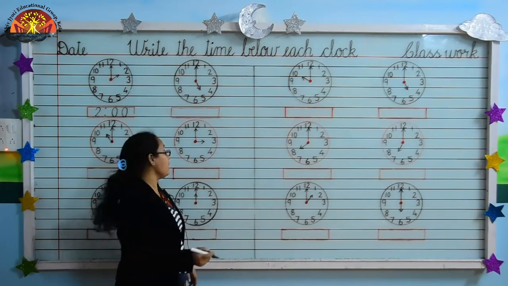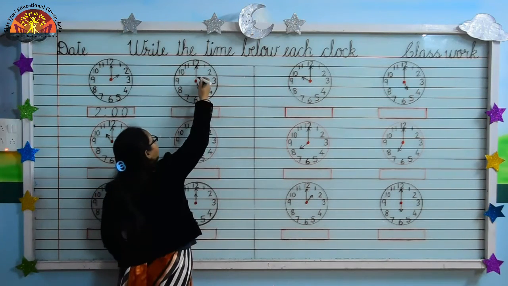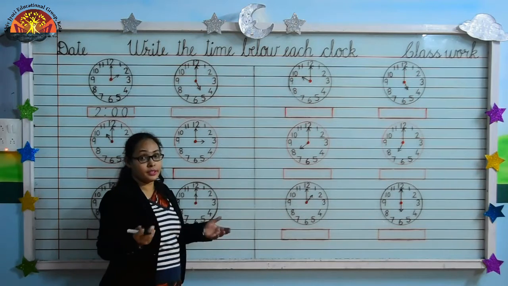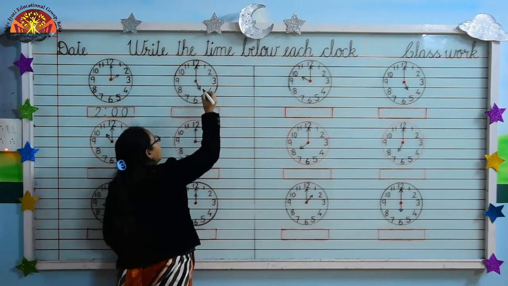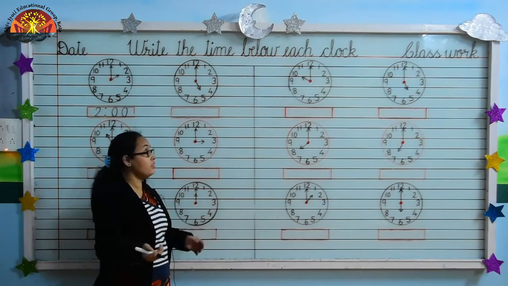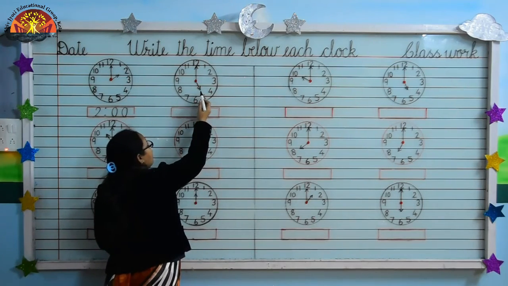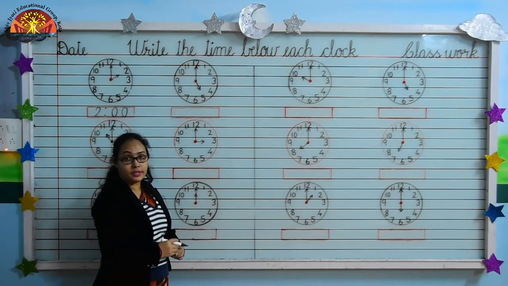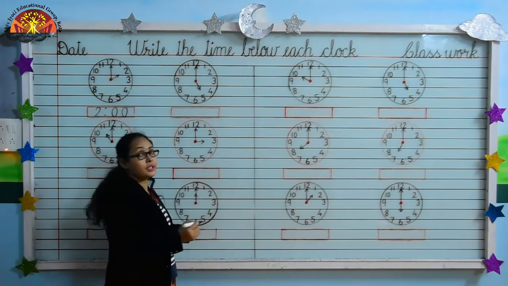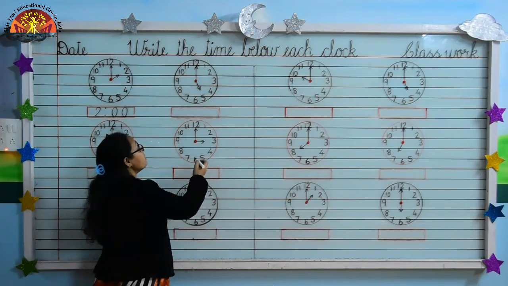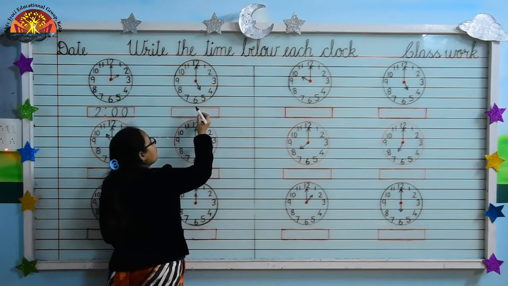Kids, now you tell me, where is the long hand? Yes, the long hand is at 12. And where is the short hand? Yes, the short hand is at 5. Kids, what time is the clock showing here?